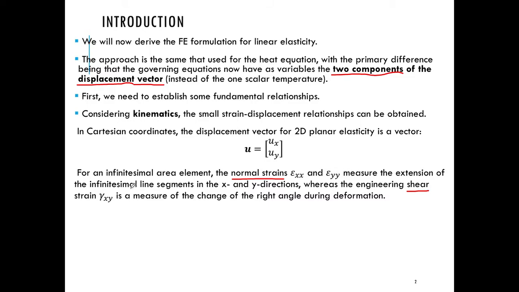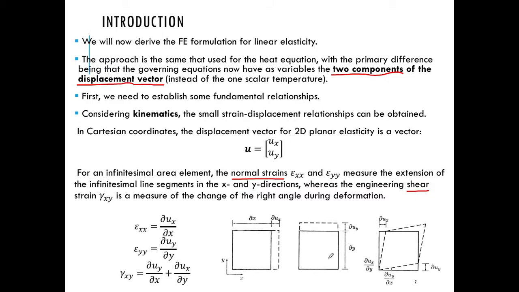Whereas the engineering shear strain, represented by gamma, is a measure of the change in angle from 90 degrees if we started off with a square infinitesimal area element. I'll go through these one by one in just a second.